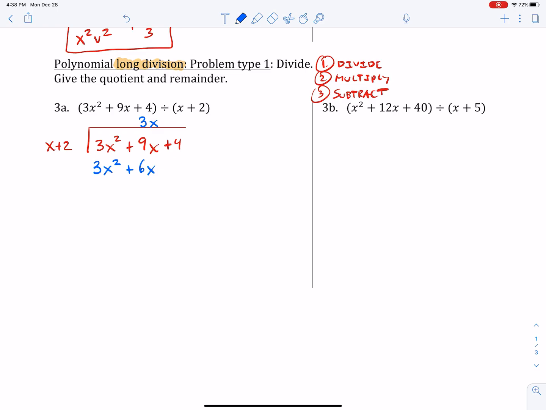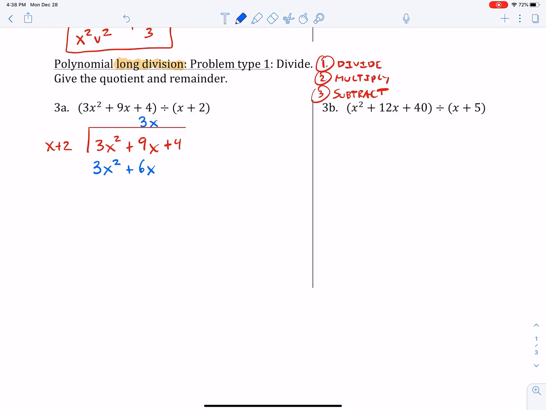So the first step was to divide. I took that 3x squared and divided it by x. The bases are the same, right? So I'd have 2 minus 1, which just gave me x. So I have 3x. Then I multiplied that 3x by x, which gave me 3x squared. I also multiplied it by the 2 to give me 6x.